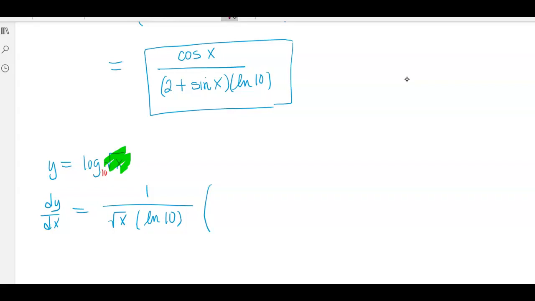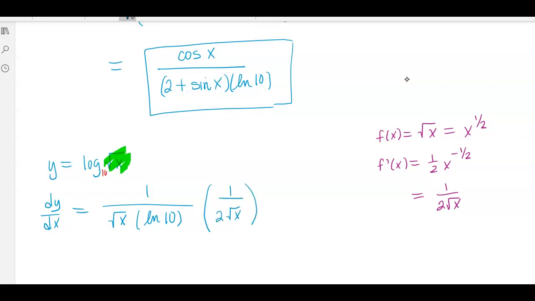So if we have our function, let's just call it f of x equals square root of x, or x to the 1/2 power, then the derivative there is 1/2 x to the negative 1/2, or 1 over 2 times the square root of x. So I'm going to put that here. So again, I've got to tack on the derivative of the function that I'm taking the log of.